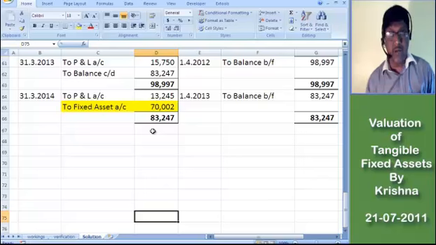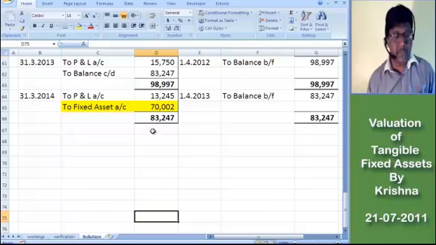When there is an upward direction of revaluation, at that time the amount of revaluation that can be credited to profit and loss account is restricted to the amount of devaluation earlier written off. The balance amount of revaluation should be credited to revaluation reserve account.